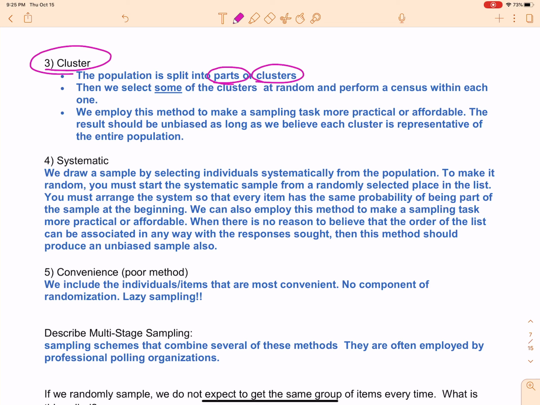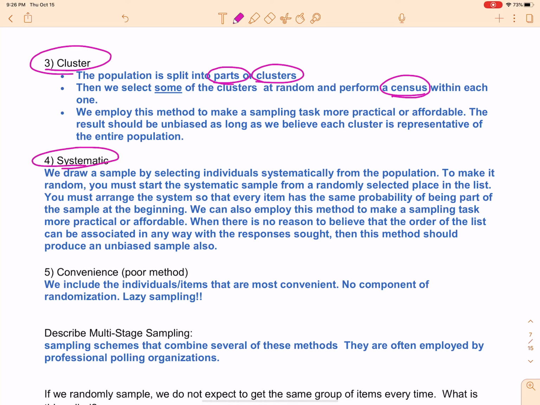For instance, if I wanted to cluster sample at school, I would look at classrooms and I would choose classrooms randomly, and then I would take a census within all of the ones that I chose. So we're going to talk more about these. Don't have a freak out attack.